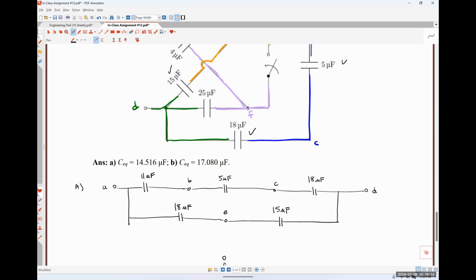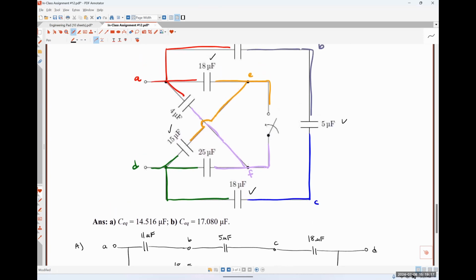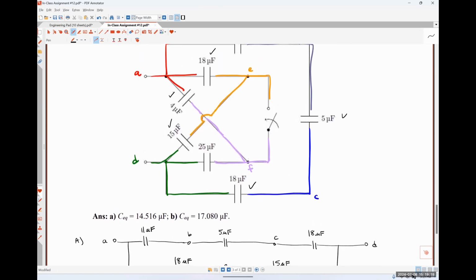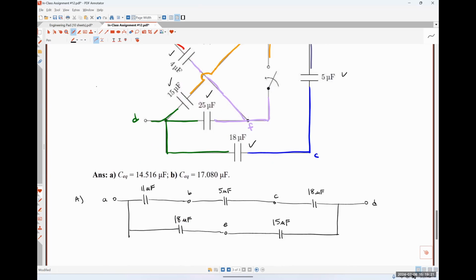And to go from A to F to D, I'll go through this 4 and then this 25.